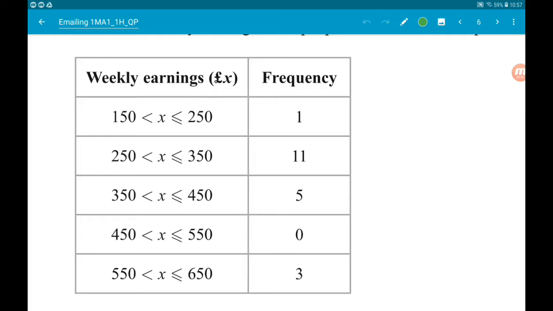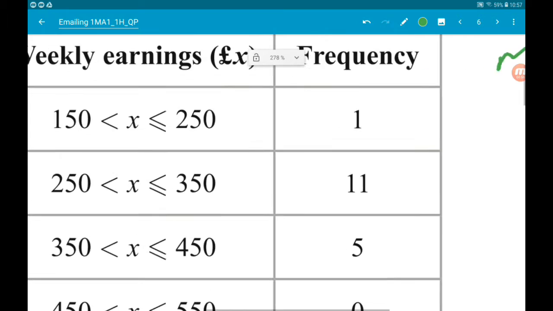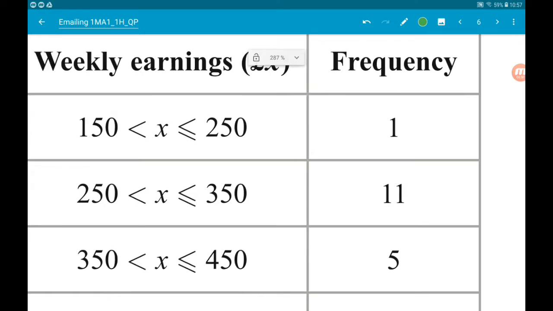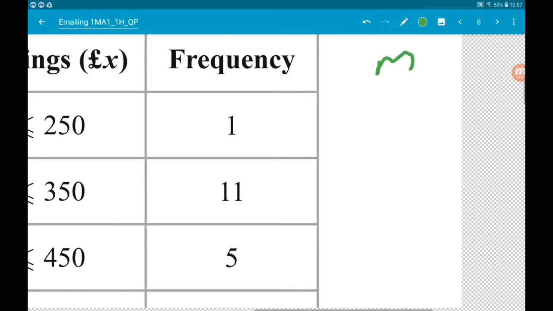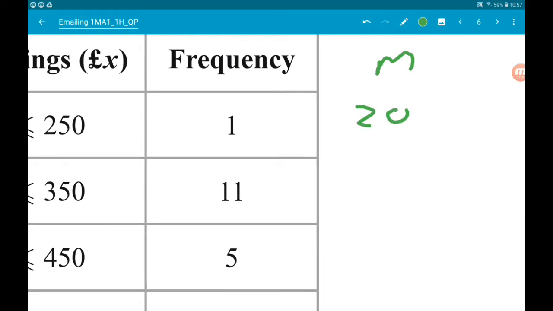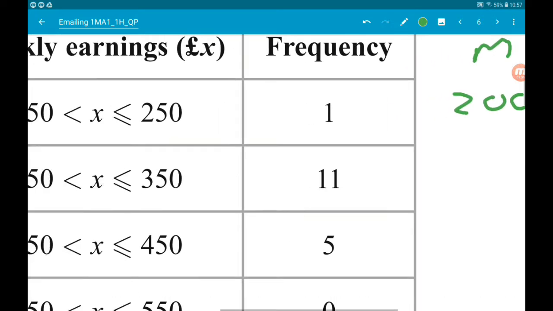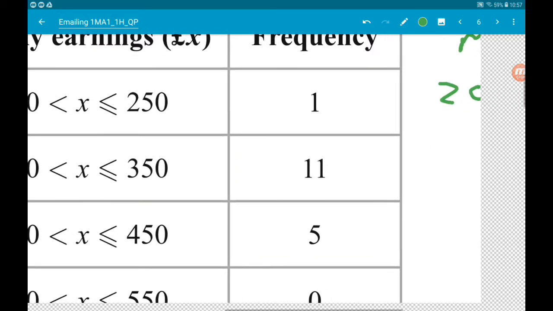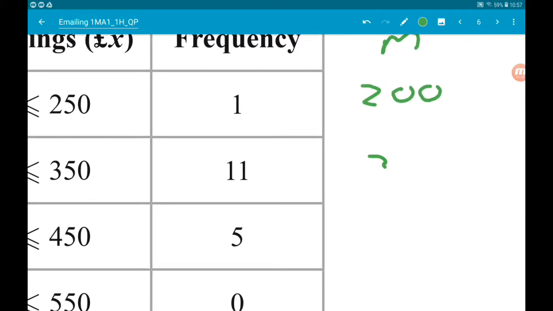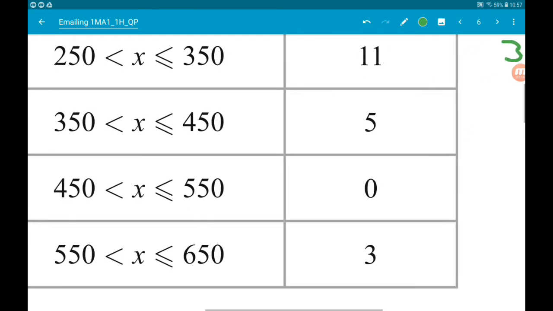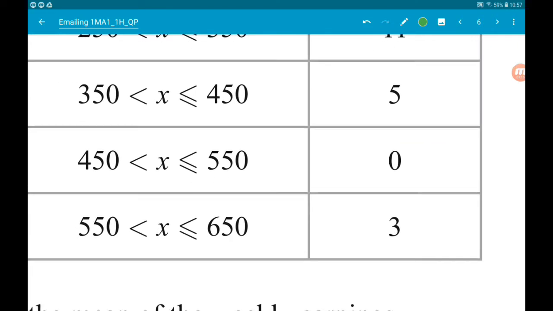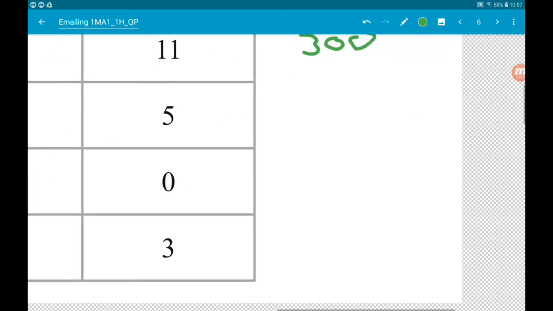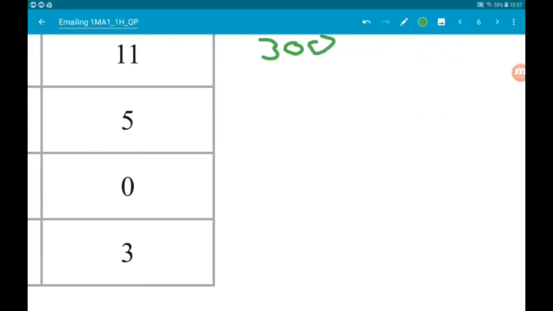So we call that M. The midpoint of 150 to 250 is 200. And then 300. It continues like that all the way through, so 400, 500, 600.